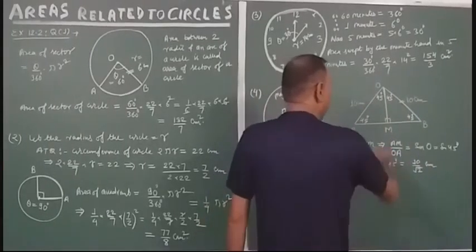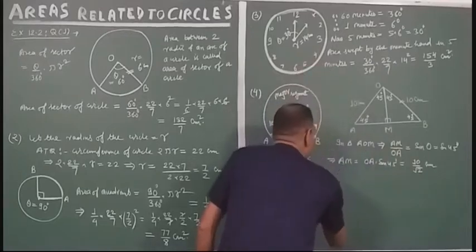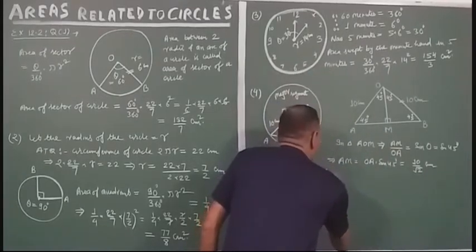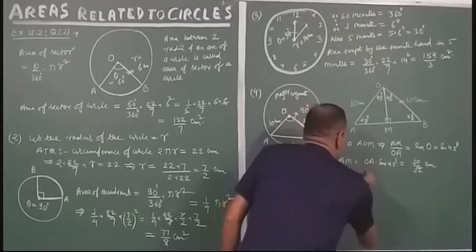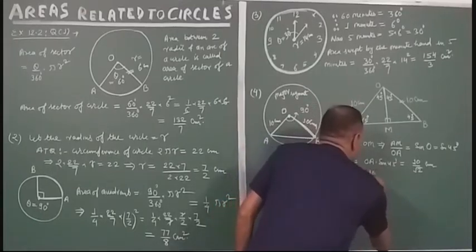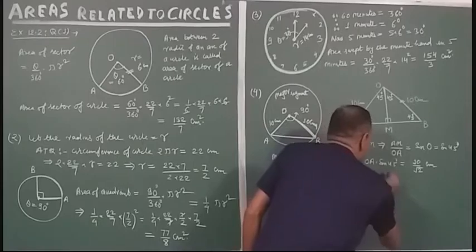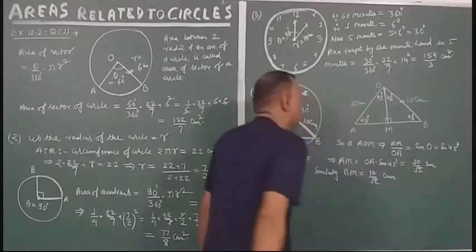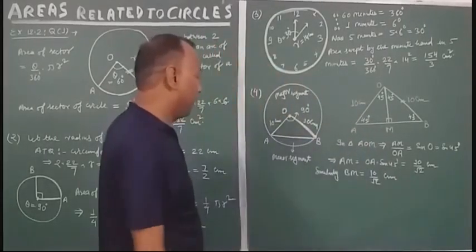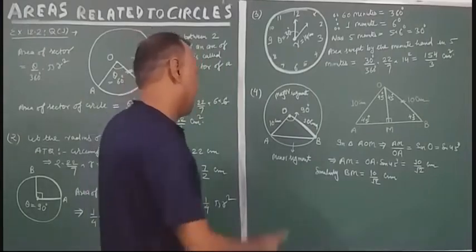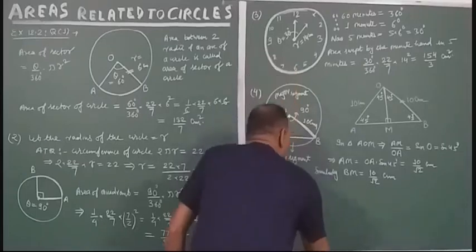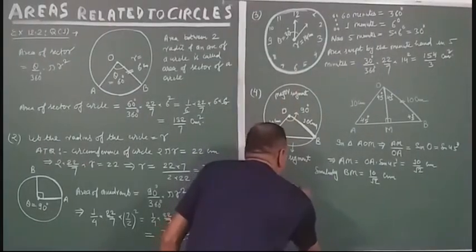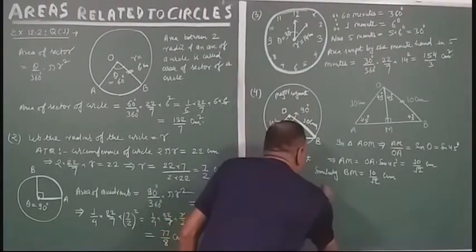Okay. And similarly BM will be also 10 upon under root 2 centimeter. Okay. And now AB.